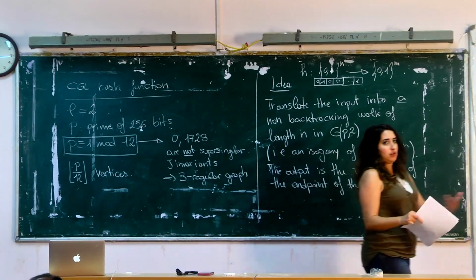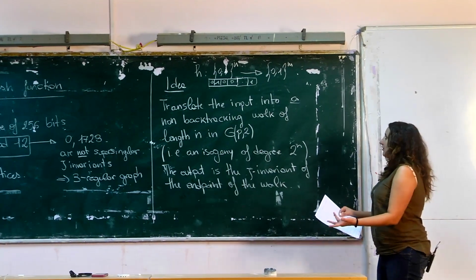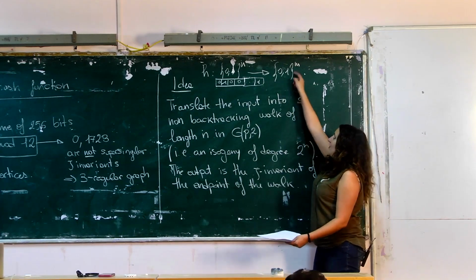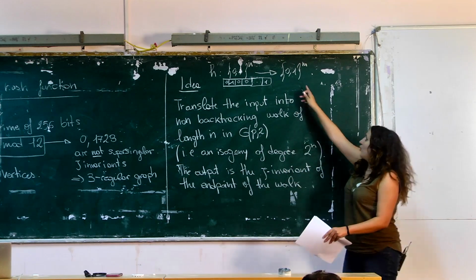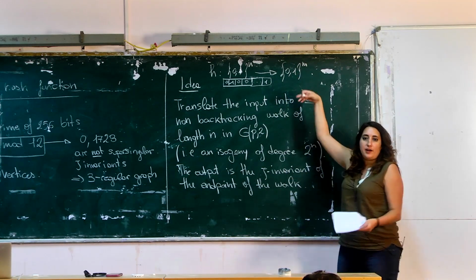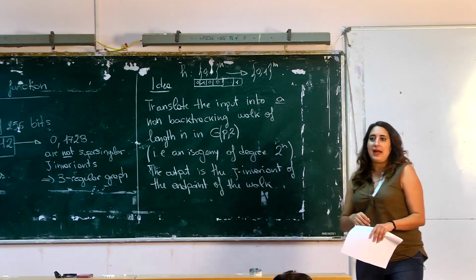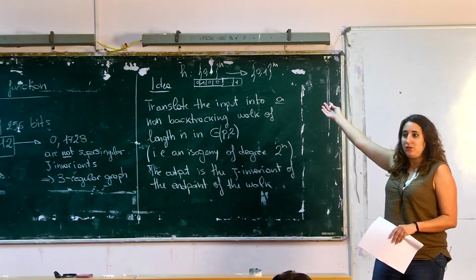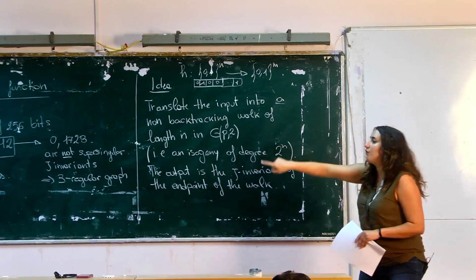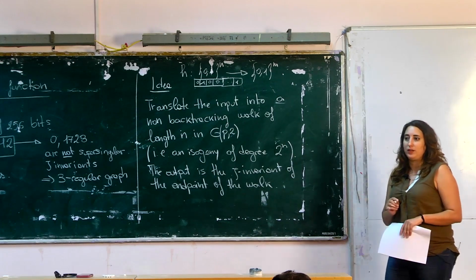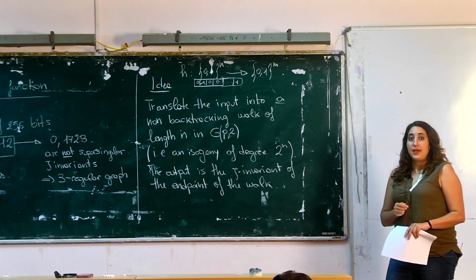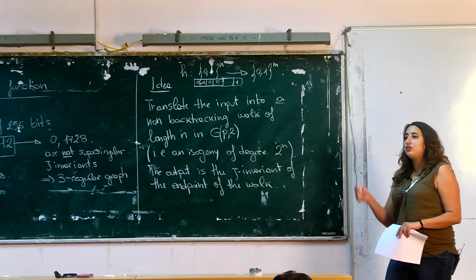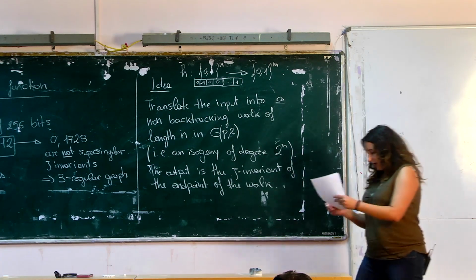Of course, in order for this to be a nice hash function, we don't want to land in a very specific subset. We want to basically cover every element in our codomain. So in some sense we cover all our j-invariants by doing this construction when we take random walks. And this is guaranteed by the Ramanujan property of our graph.